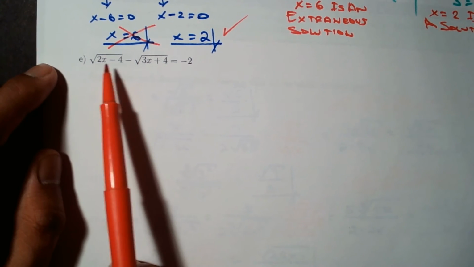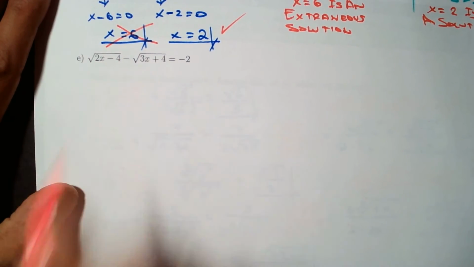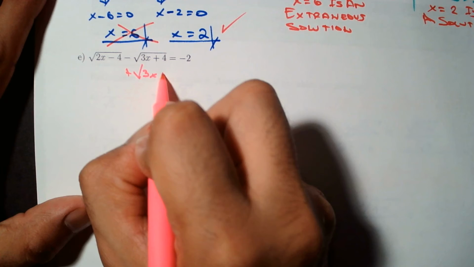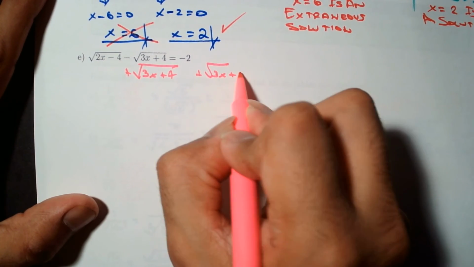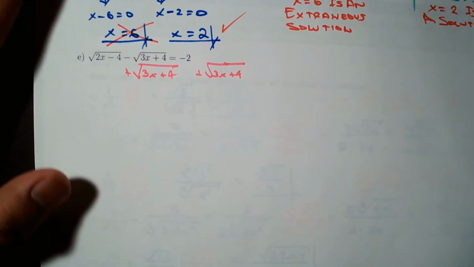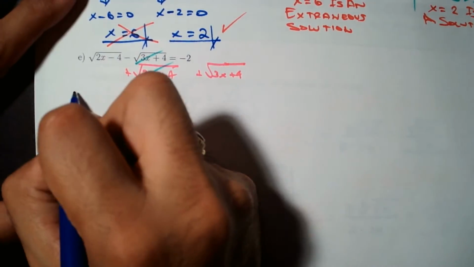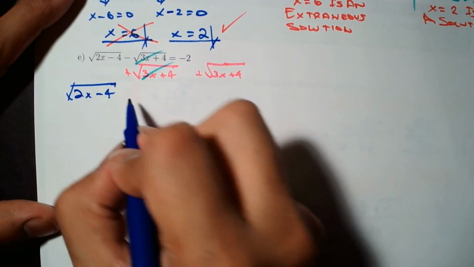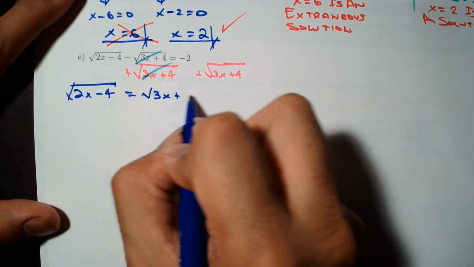I'm going to isolate the one that is already positive by adding the square root of 3x plus 4 to both sides. So the square root of 2x minus 4 equals the square root of 3x plus 4 minus 2.